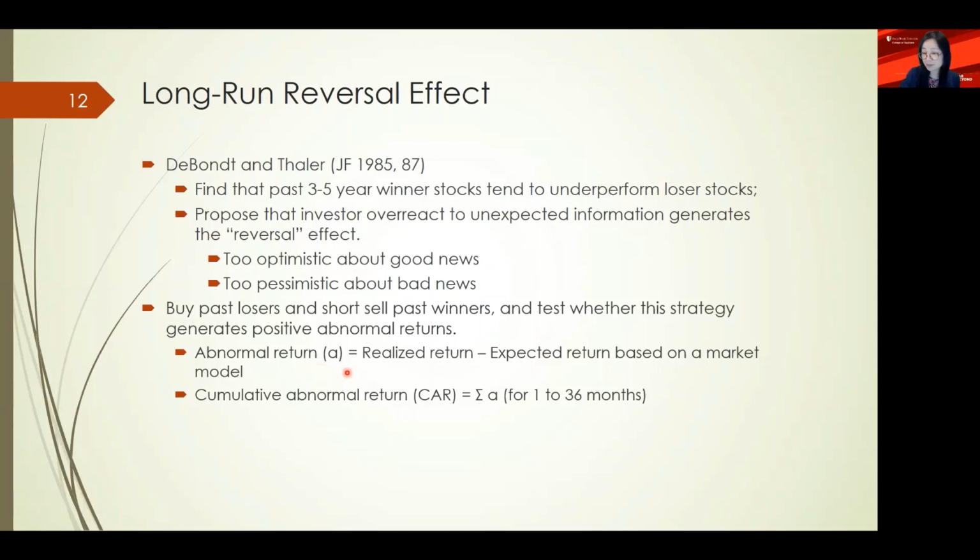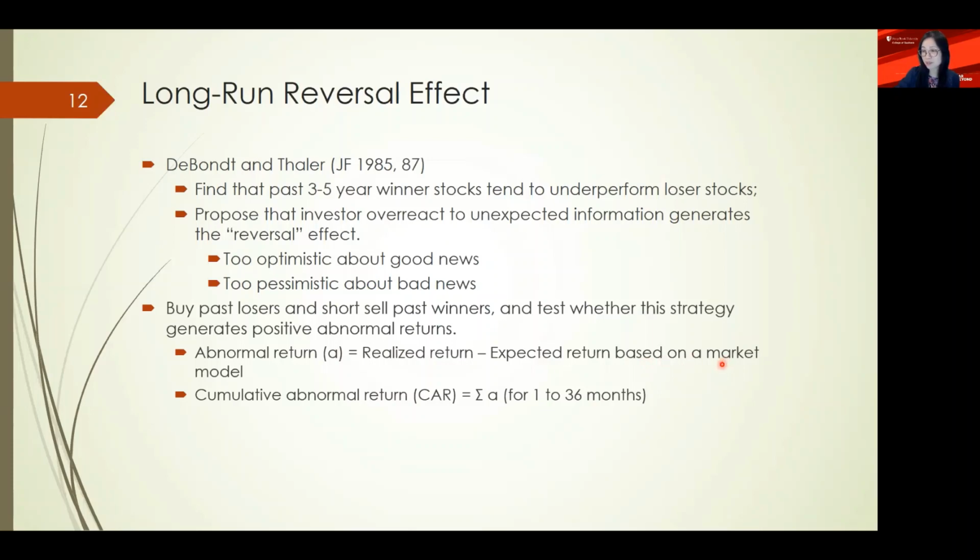What they do is they look at realized return, but in this case it's a little different from Jensen's alpha because they are calculating alpha for every single month. They use the realized return of the month minus the expected return of the month based on the market model.